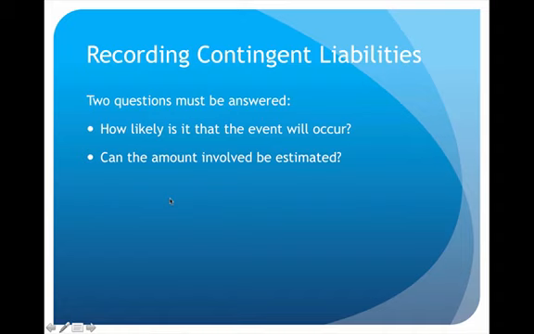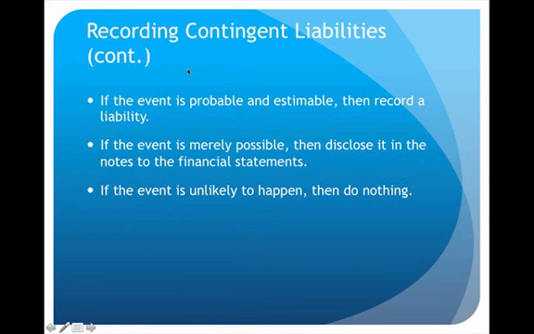So depending on how we feel about that, we might potentially record that differently. And then the other question would be, is there an amount involved? Can we reasonably estimate how much this is actually going to cost? So those are the two questions that we're interested in when it comes to recording these types of liabilities.